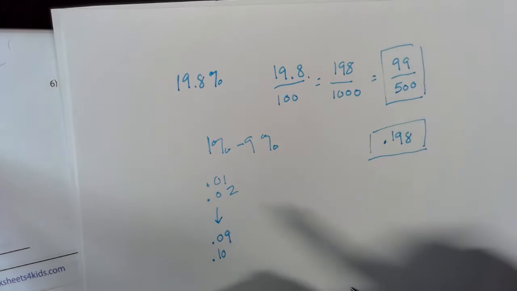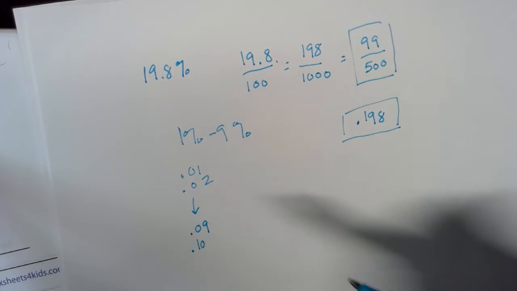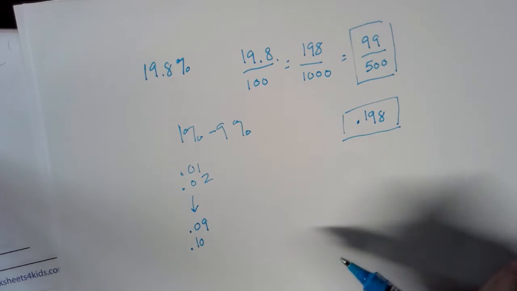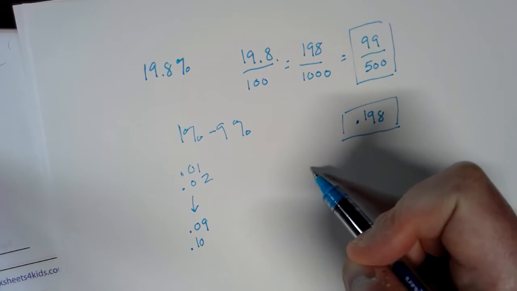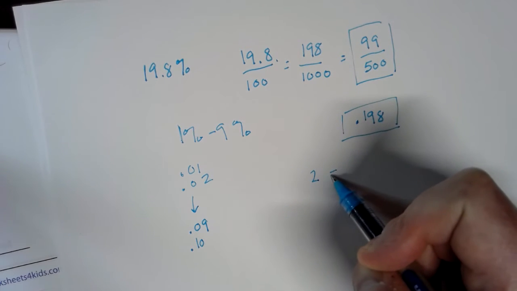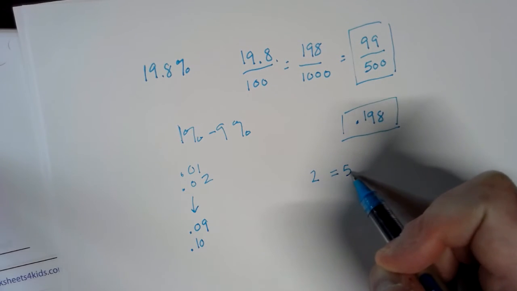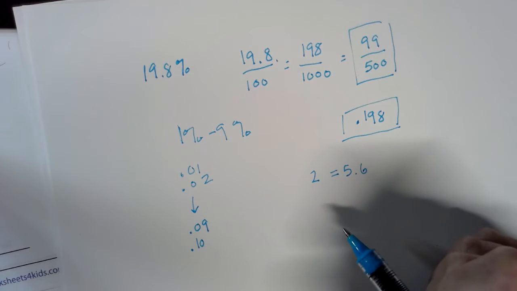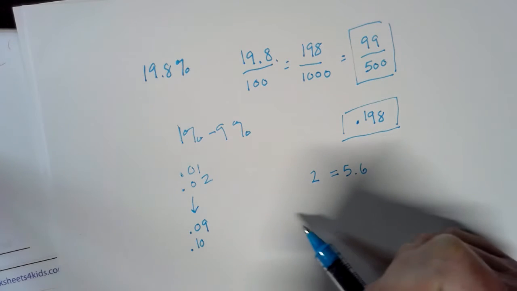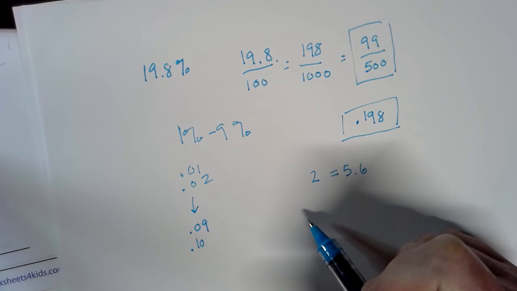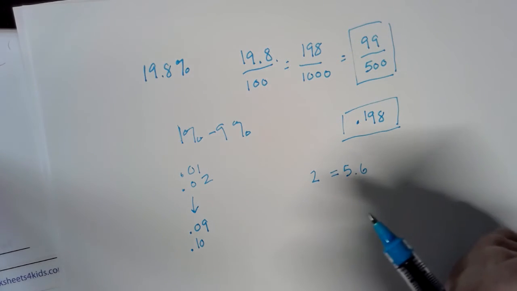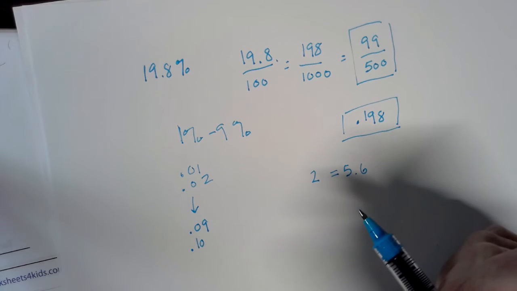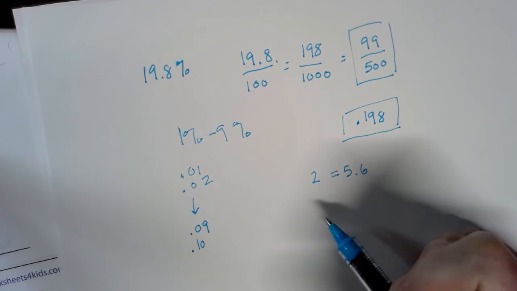All right, now your second question is a mileage question. You've got 2 inches equals 5.6 miles. Then you have 3 3/4 Medway to Norwood, then Norwood to Bar. And you can do this once or you can do it twice. I'm going to do it twice because they give you 2.